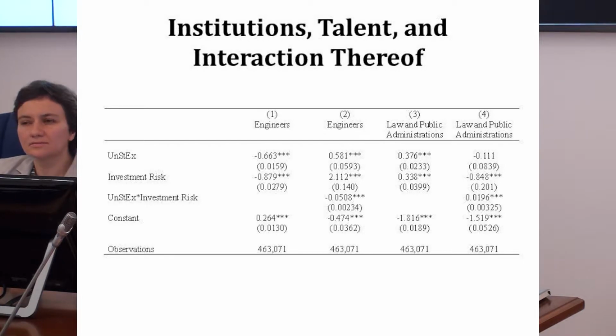On the other hand, when we talk about areas of activities which are commonly affiliated with rent-seeking, such as law and public administration, then we see that this is where people with high scores are drawn. And also, they do it more so if the institutional quality is poor. Of particular interest for us is the interaction between YEGA score and investment risk.